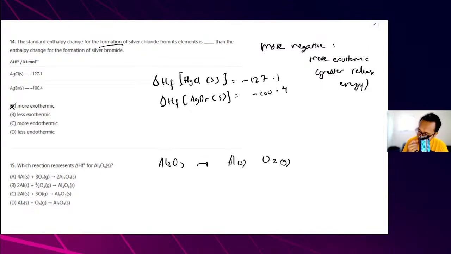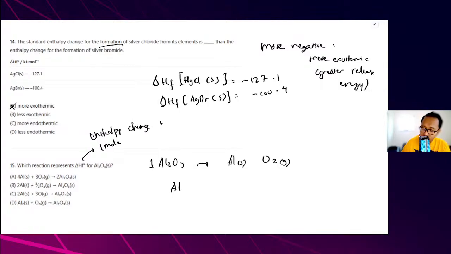We need to combine them together, and the thing we need to put in is that it should be 1 mole. Like I mentioned, delta HF formation is for 1 mole of compound, the enthalpy change.